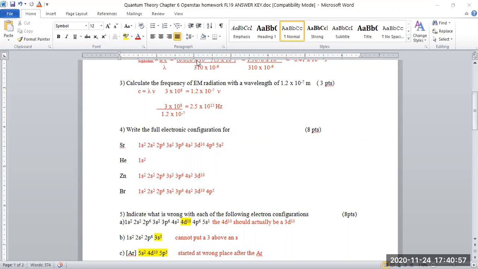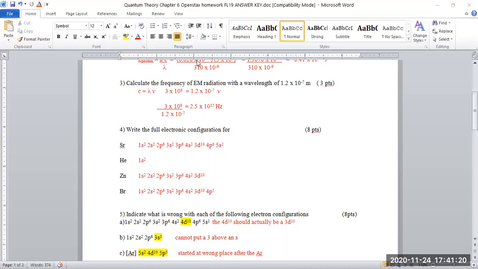So 38 electrons have to be placed. And so you always start at the beginning. So 1s2, that's your first layer, 2s2, 2p6, that's 10 electrons. 3s2, 3p6, that's your next 8. You have to follow the Aufbau.